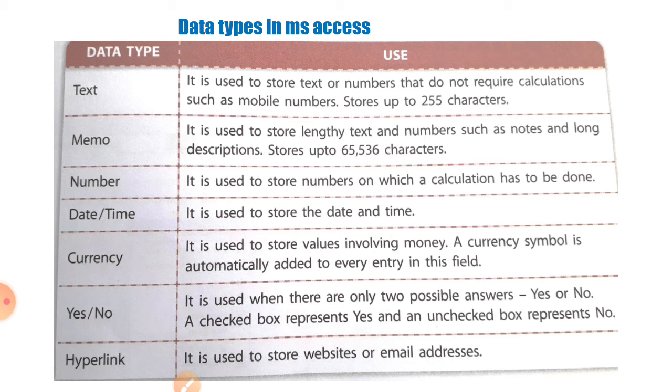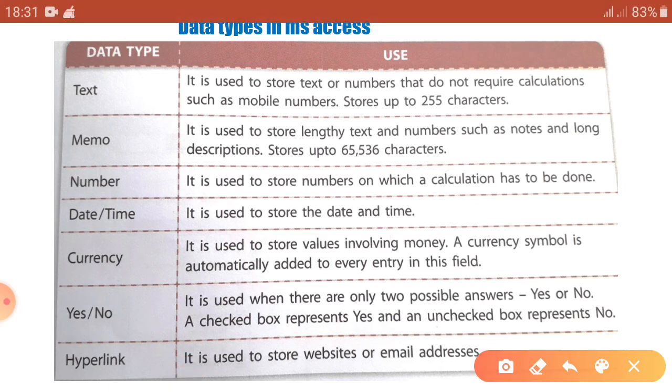Then the next data type is currency. It is used to store values involving money. A currency symbol is automatically added to every entry in this field. Then the next data type is yes or no. It is used when there are only two possible answers, yes or no. A checked box represents yes and an unchecked box represents no. And lastly, we have hyperlink.